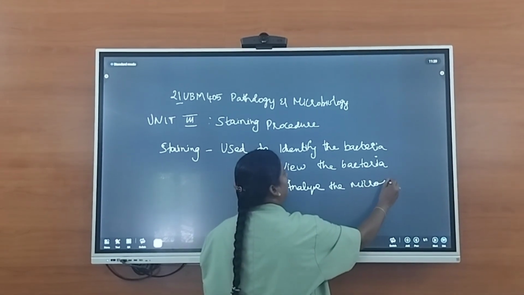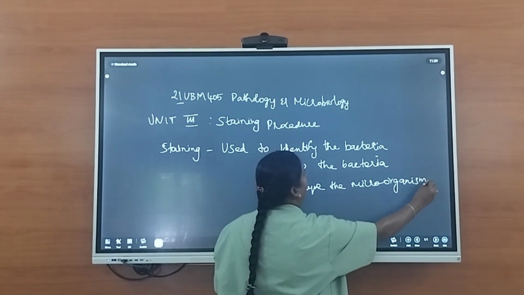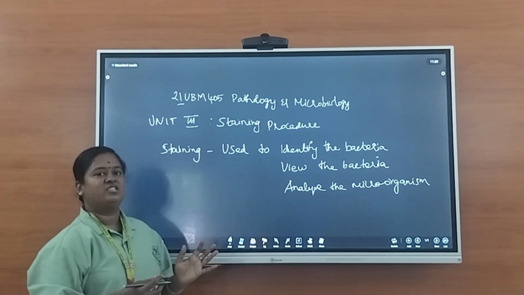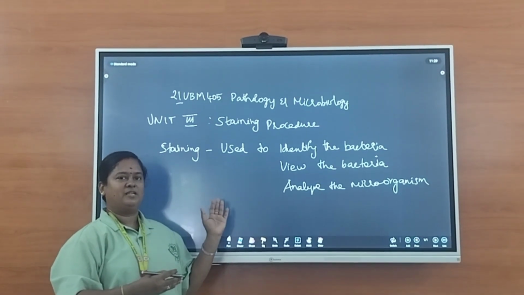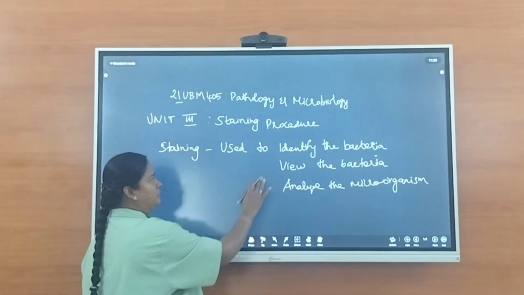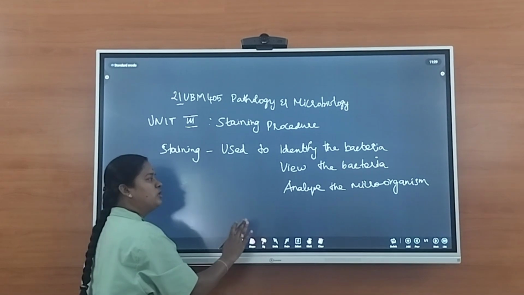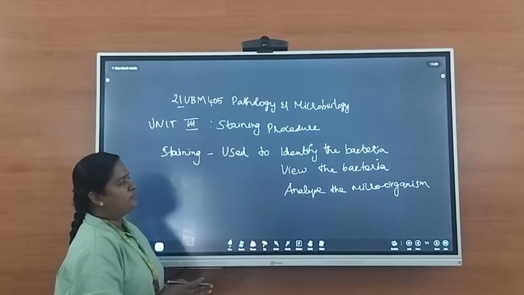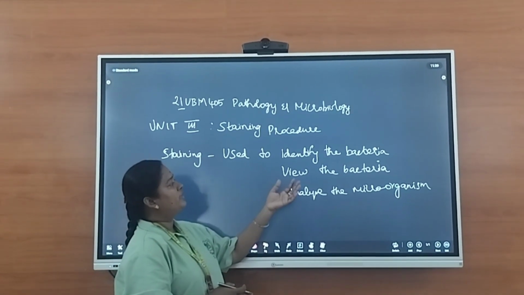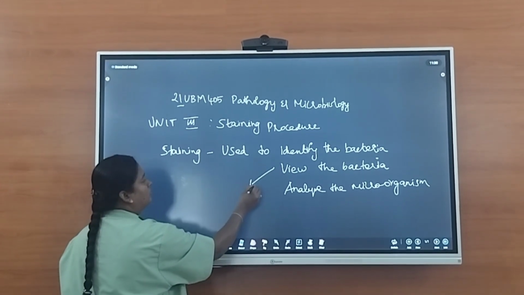Microorganisms like bacteria, also viruses. So here in the staining procedure, in our method we are going to stain the bacteria. Now it can be used for identifying or viewing the bacteria and also analyzing microorganisms like viruses and bacteria. While viewing the bacteria, what are the things we are able to see?